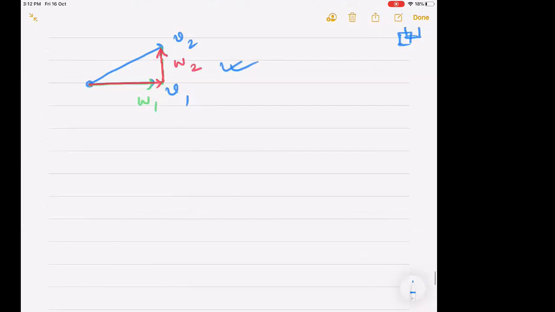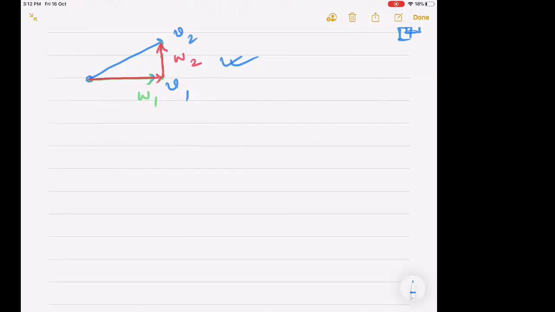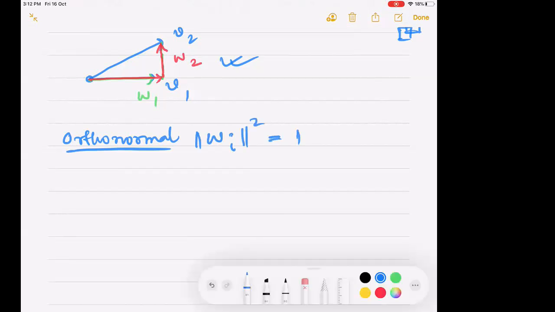One can even modify the process a little bit and get an orthonormal basis instead of just an orthogonal basis. One can get orthonormal, that is, the norm of Wi is equal to 1. That also can be done. All we have to do is that each time we define this new vector, we normalize it also.